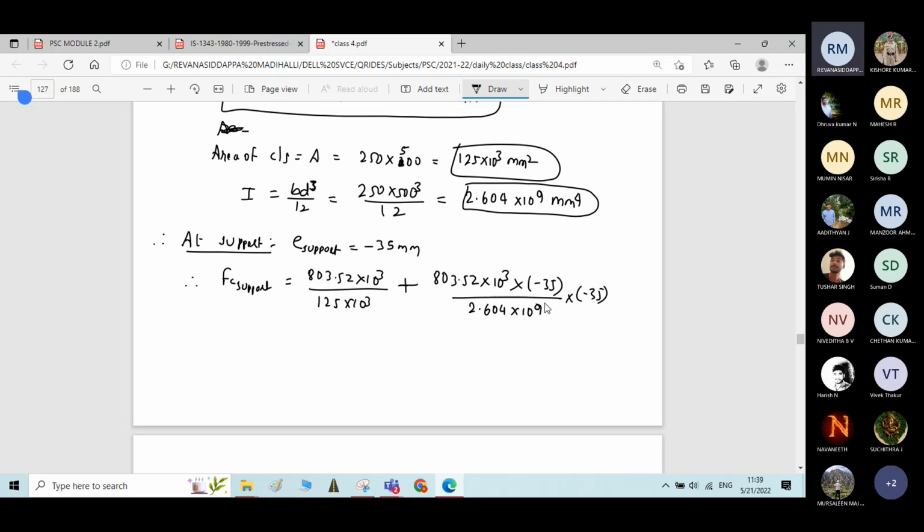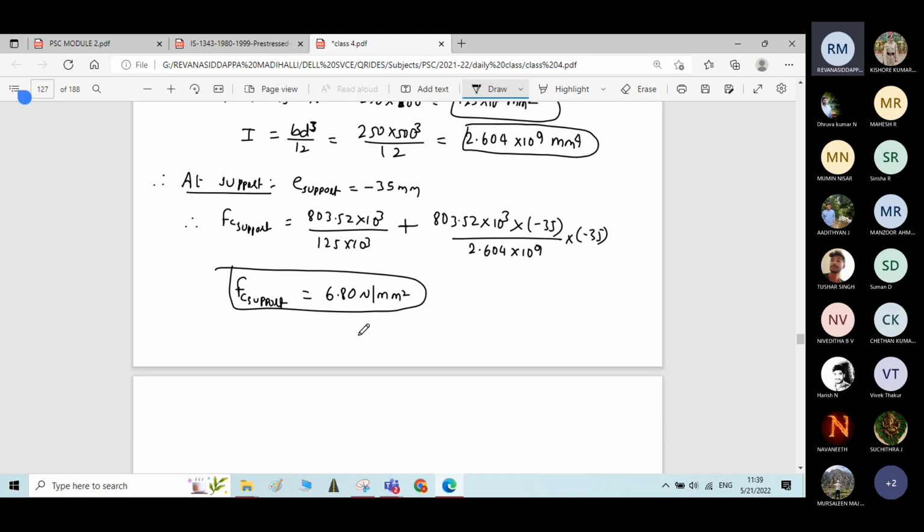By this we'll get stress in the concrete at the level of steel at support. Fc support is equal to 6.80 Newton per mm square.